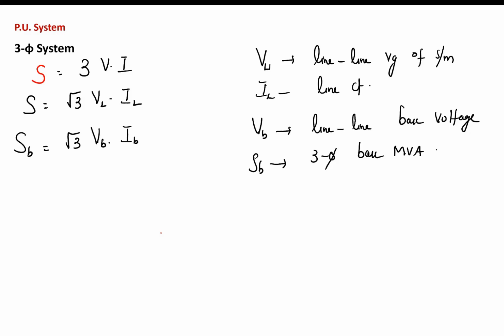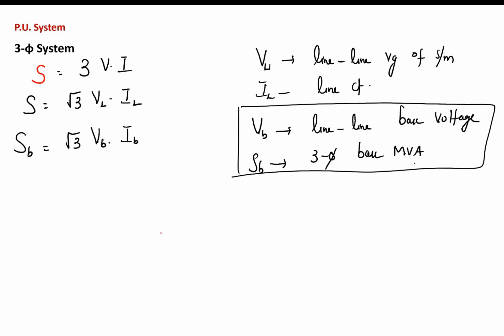That is the only change. In single phase, SB is the single phase base MVA and VB is the phase to neutral base voltage, whereas in three phase, SB is three phase base MVA and VB is the line to line base voltage. Again, from here you can write I base is equal to SB divided by root 3 into VB.